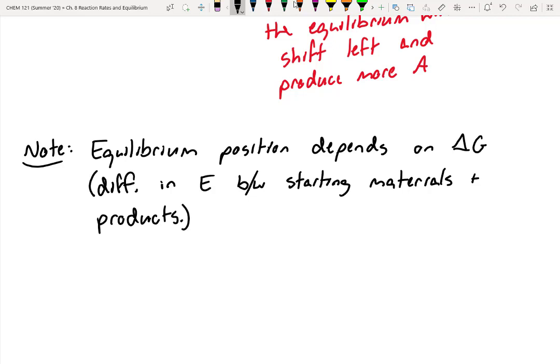So that's delta G. It does not get impacted by EA, or activation energy.